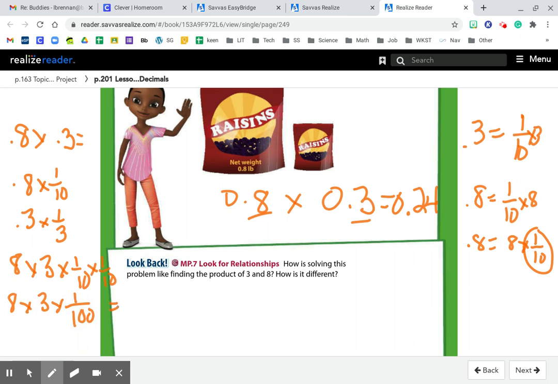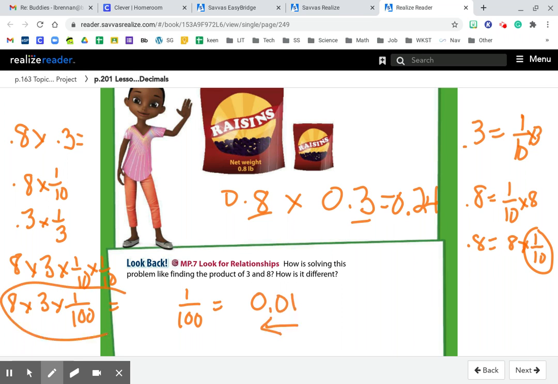And we remember from the lesson before, 1 over 100th, we're going to move the decimal 2 place values, but we're going to move it in that direction because we're multiplying by a fraction. We're not multiplying by 10, 100, or 1,000. We're dividing by 100th. So the decimal is going to go in the other direction.